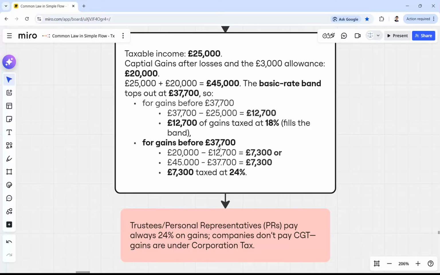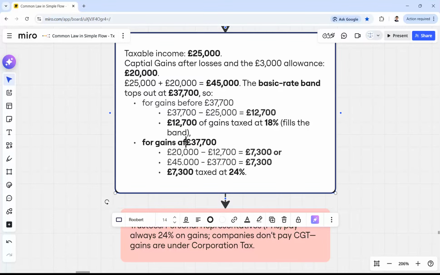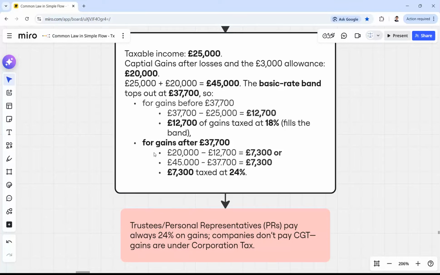For gains after 37,700, we have two options. Either we take this 45,000 and take out 37,700, because everything that remains between these two thresholds will be 7,300. Or we take our capital gain and take out what we have already used before this threshold, so the previous sum, 12,700, and it will be the same sum. Do it in the most comfortable way for you.